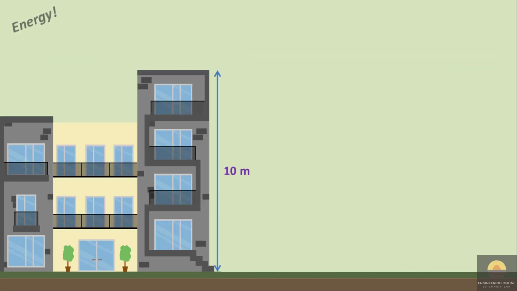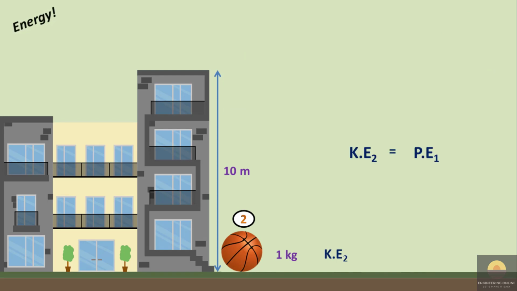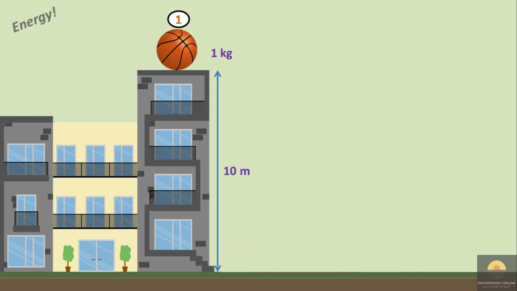In the example above, we will show that at the moment of impact, the kinetic energy of the ball will be equal to the potential energy of the ball at 10 meters. At the initial state, when the ball is standstill, we already calculated that the potential energy of the ball is 98 joules.